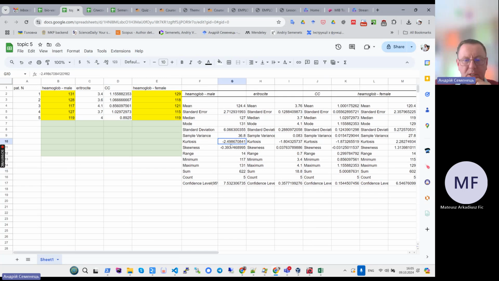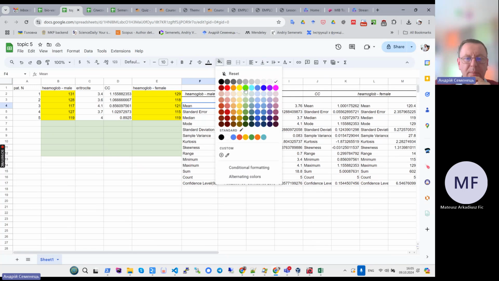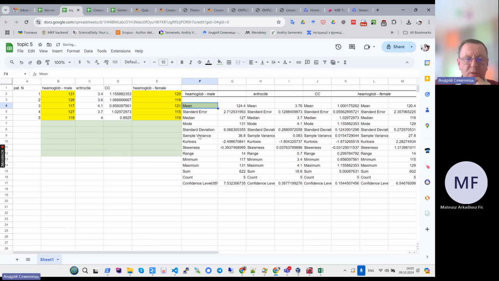Moreover, in fact, you need only mean, variance, skewness and kurtosis, only these four values. It could even be faster to use formulas, but anyway, it almost doesn't matter which way you do it. So we need only these four values for this analysis right now. But if you calculate all, no problem.